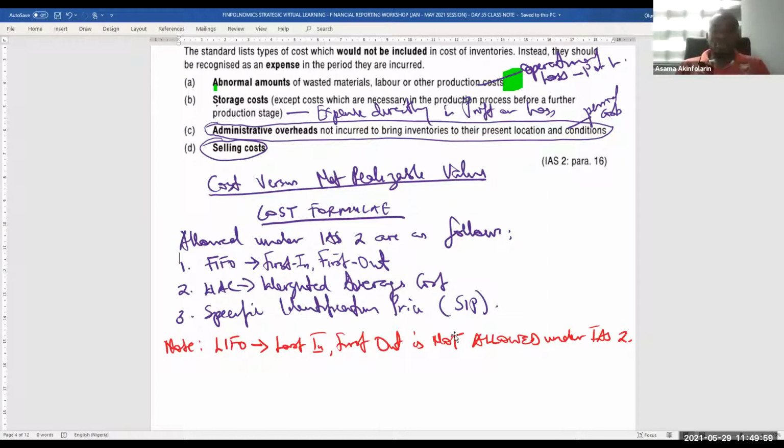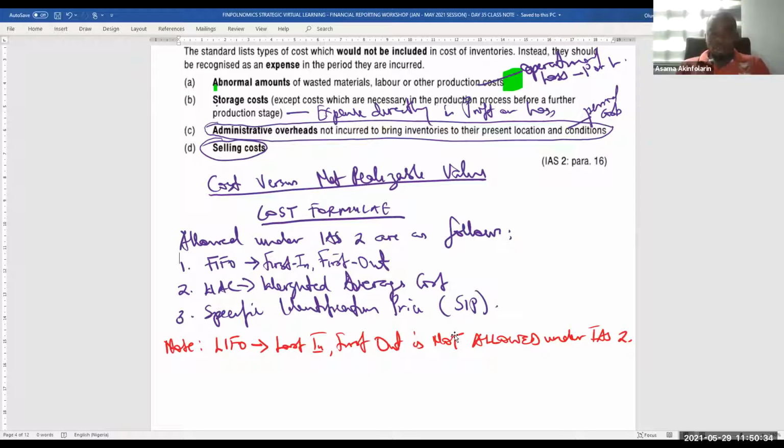I don't know how to say that. Okay, how does that differ from last in, first out? Last in, first out is accounting for the latest stock in the inventory, unlike first in, first out that accounts for the earlier stock in the inventory.